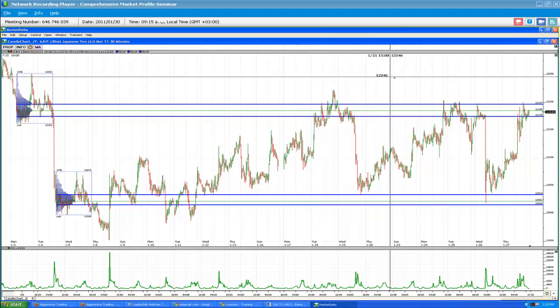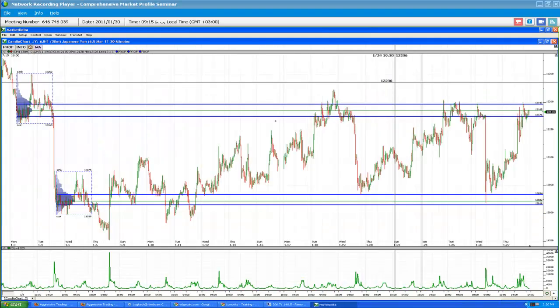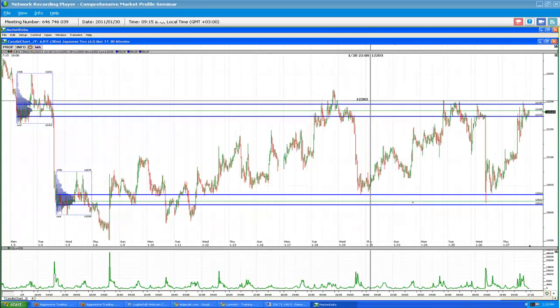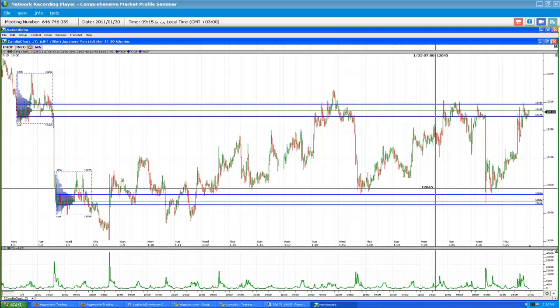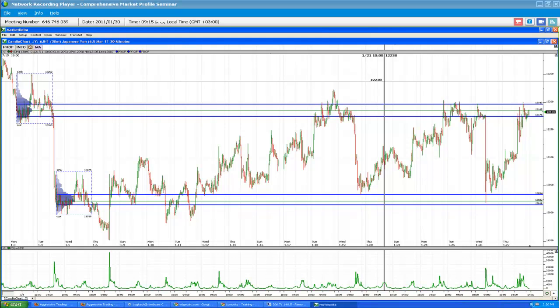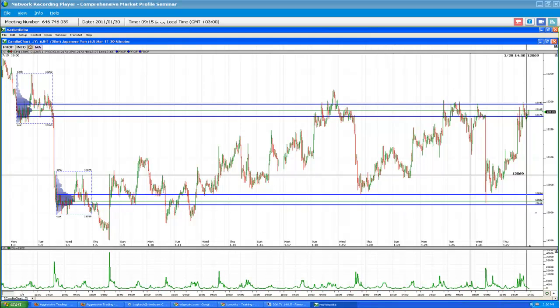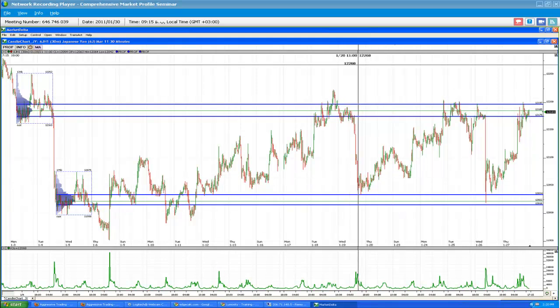But how long do you think this is going to go on for? Because what's forming here now? What's forming between these 2 points? Right, it's a balance area forming, and what's happening to that balance area as we keep going back and forth between these two extremes?